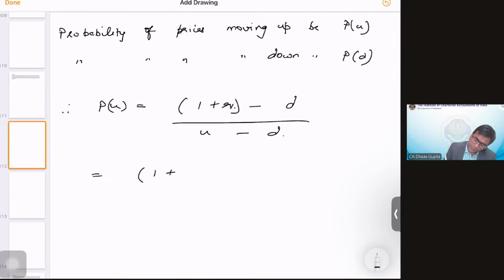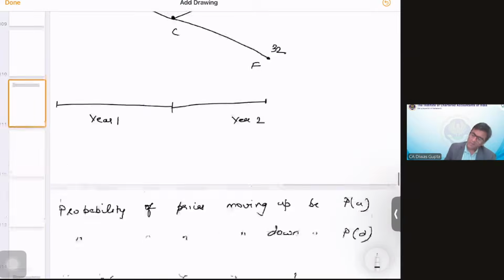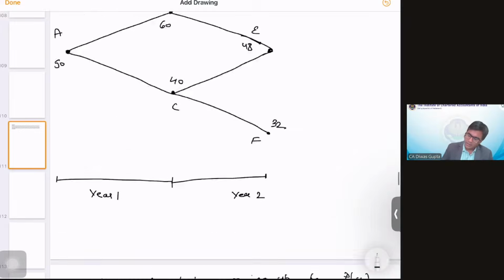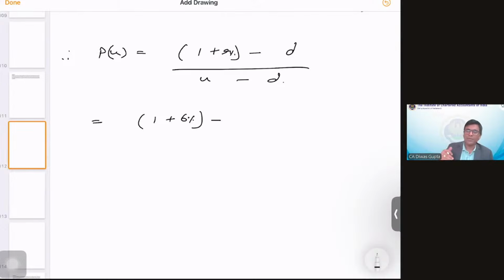So this will become 1 plus 6 percentage, which is R, minus D. D is what? 120 divided by 100 we can do, or 60 divided by 50, because the ratio remains the same, 20%. Sorry, D is lower, so it will be 0.8. Then 0.80 divided by 1.20 minus 0.80, which is equal to 65%.